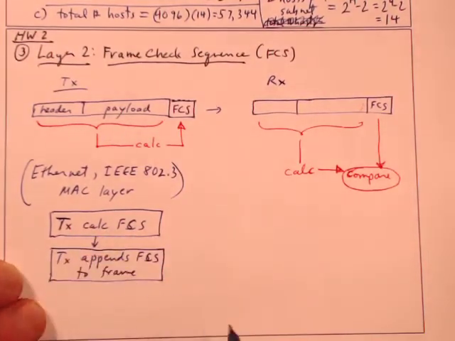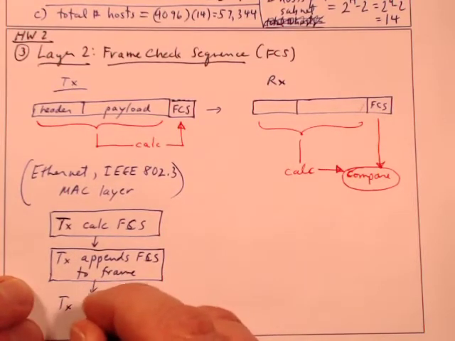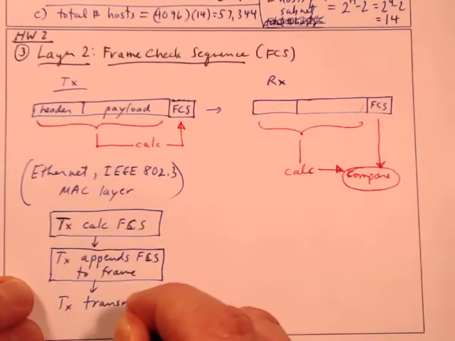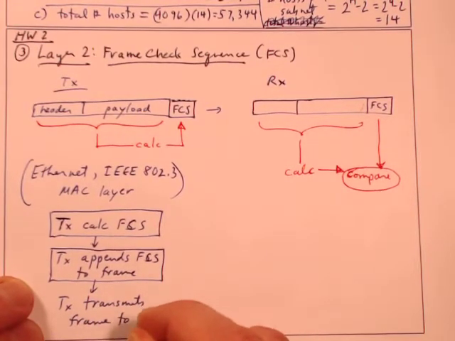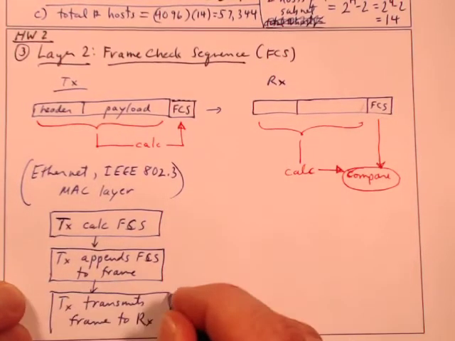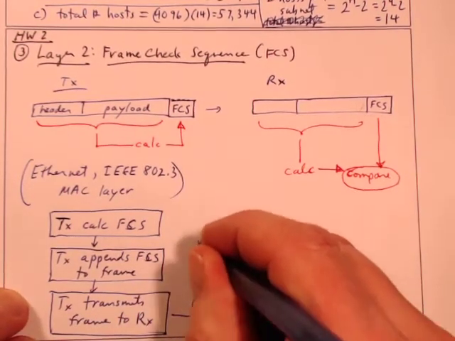So this is a flow chart showing step by step. The transmitter transmits the frame to the receiver. Rx is the receiver, Tx is the transmitter, and then over to the receiver.